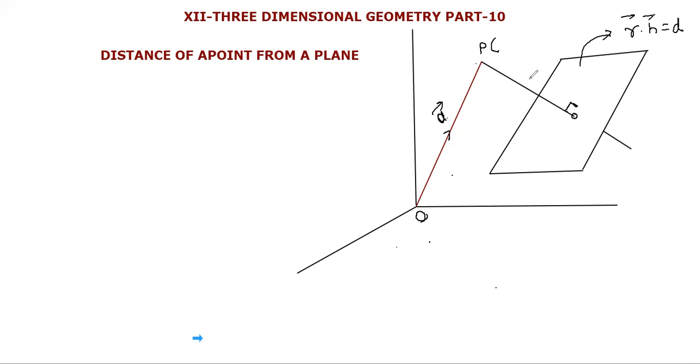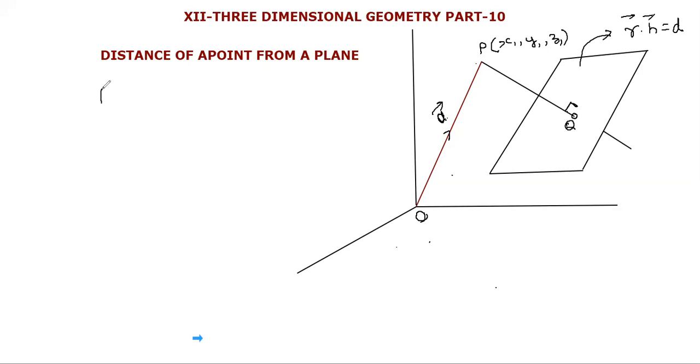You have to find the perpendicular distance of a point from the plane. I'll write this one also. So this P, and let's take this point Q. PQ distance we have to find, that is D.